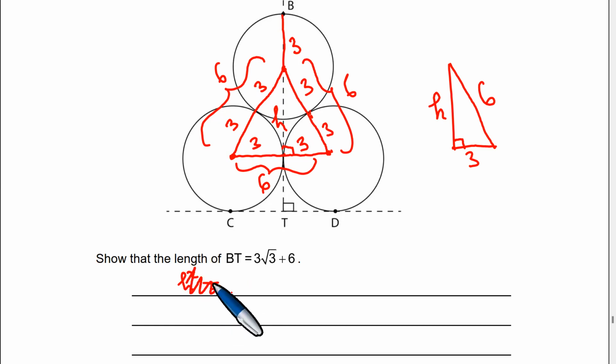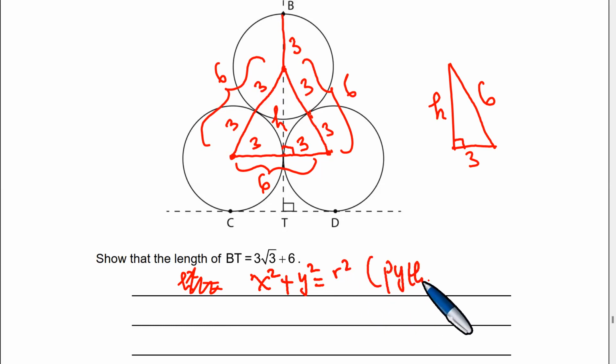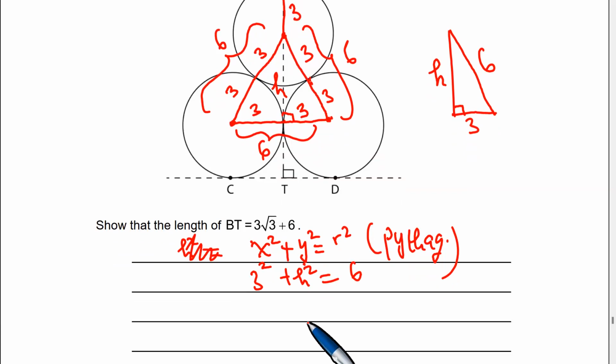You can start as follows. You already know that x squared plus y squared is equal to r squared, and this is Pythagoras. The hypotenuse is 6, the adjacent side x is 3, and the height is h, like y, the vertical axis.